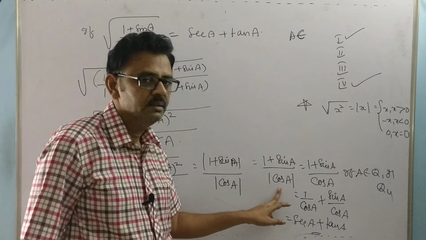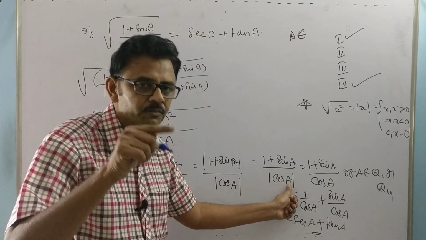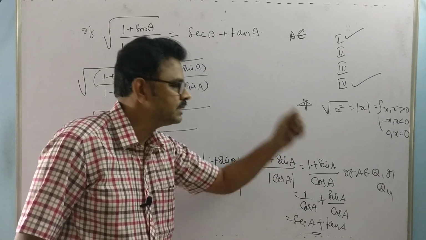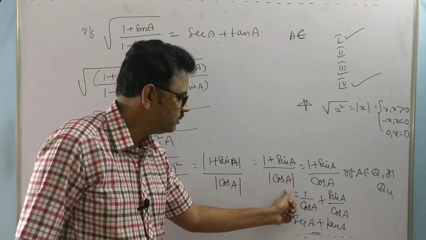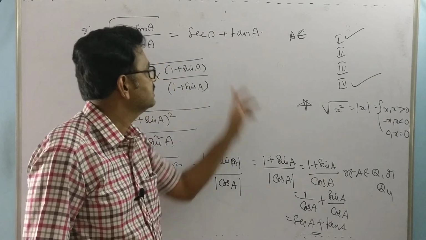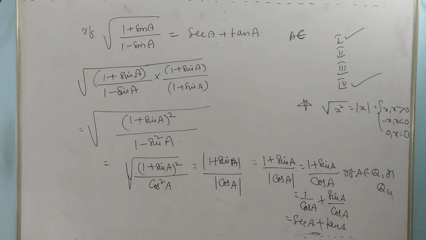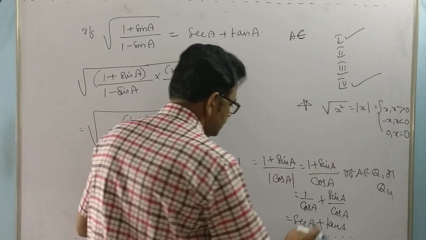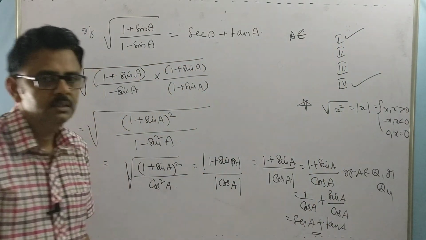Mod of cos A, cos is positive. If A is in the first quadrant or fourth quadrant, mod cos A is plus cos A. If A is in the second quadrant or third quadrant, cos is negative, then you can put minus cos, but the answer is given as secant A plus tan A. Therefore it is possible if A lies in either the first quadrant or fourth quadrant.